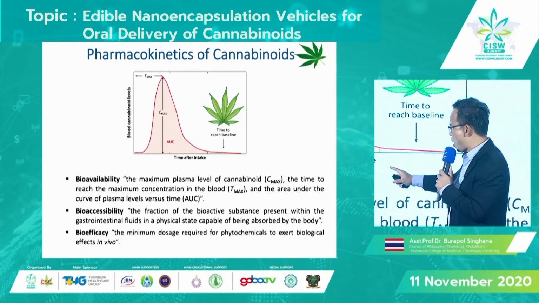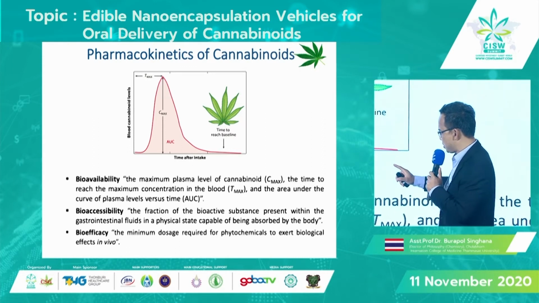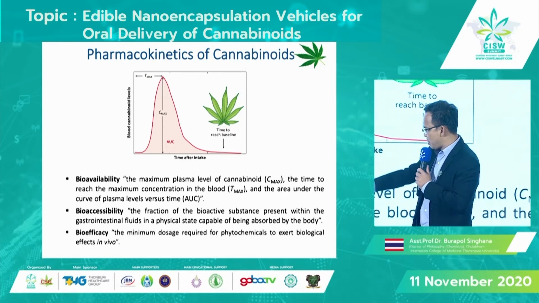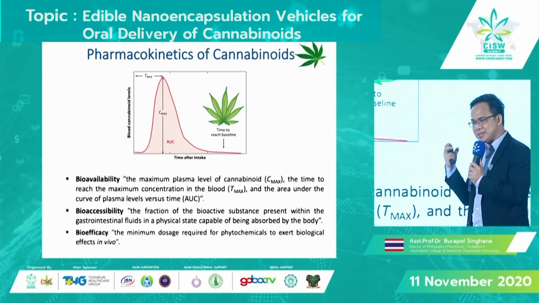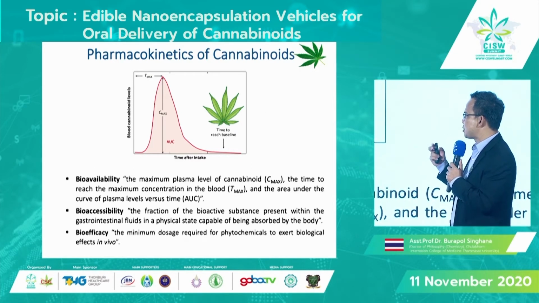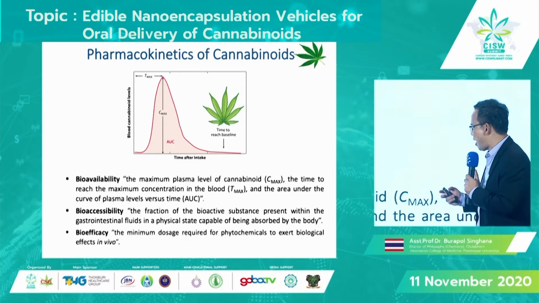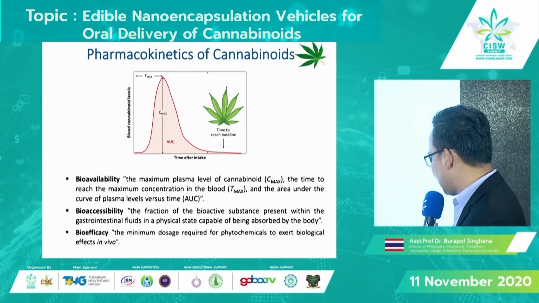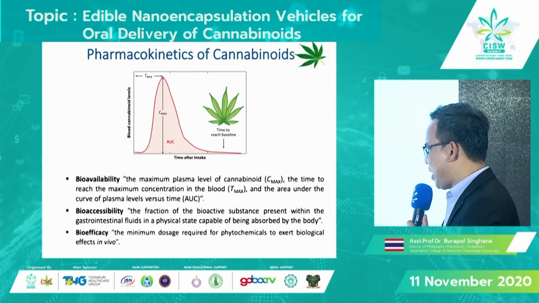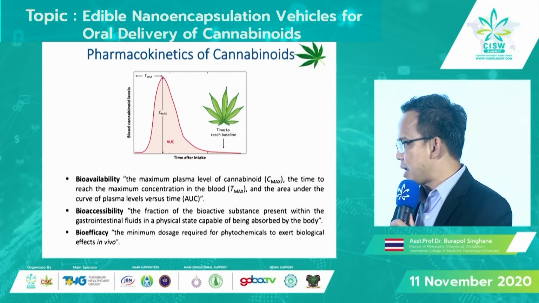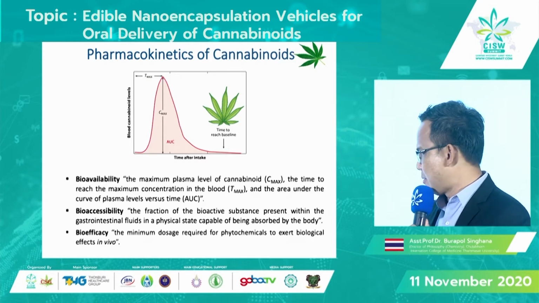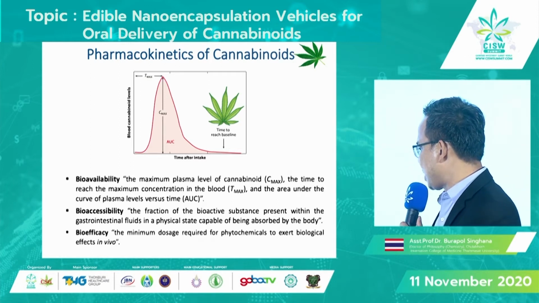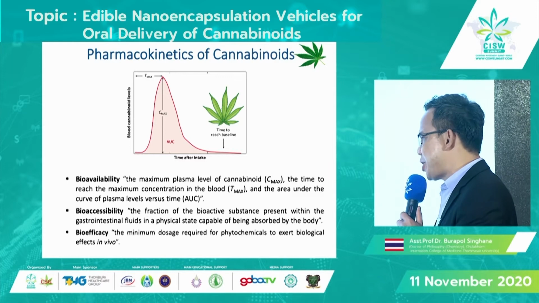And another one I want to introduce to you is bioaccessibility. Bioaccessibility is the fraction of the bioactive substance or cannabinoids present within the gastrointestinal fluid, in a physical state capable of being absorbed by the body, right?